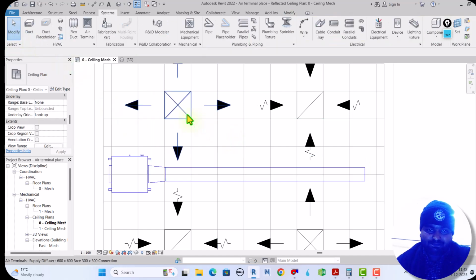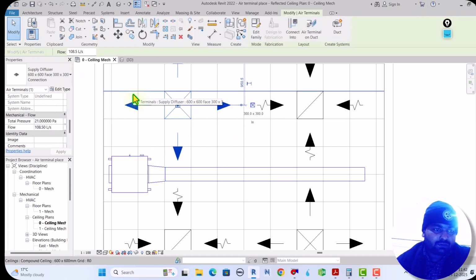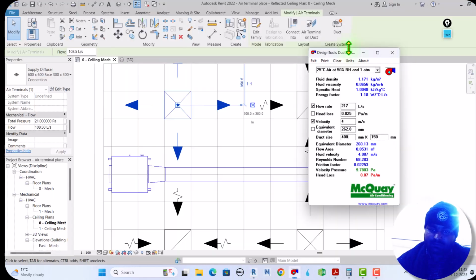Now see, come here, this is the 108.5 liter. So how to size, just come here. 108.5, and now we will select the head loss. The head loss we know is 0.82. We already fixed this head loss, because this is the equal friction method, so this 0.82 head loss should be throughout the system.